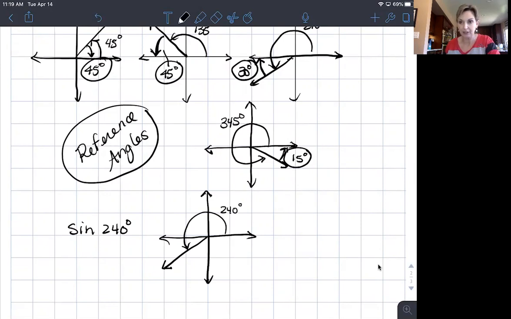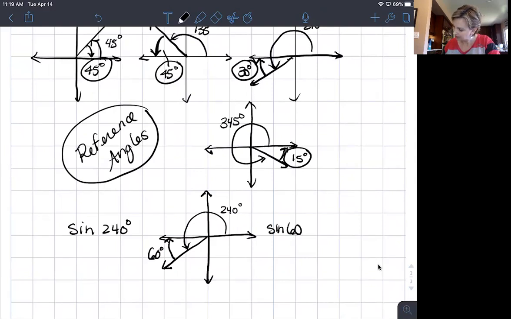What's the reference angle for 240 degrees? Right, what is this angle right here that gets me to the x-axis? It's the difference between 180 and 240. And that is 60 degrees.